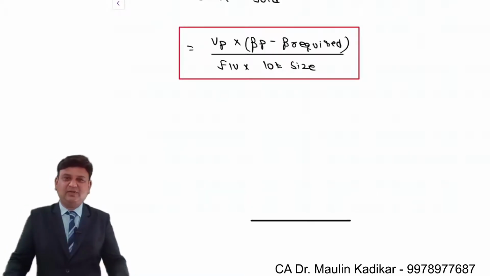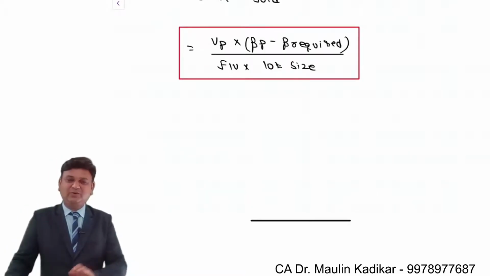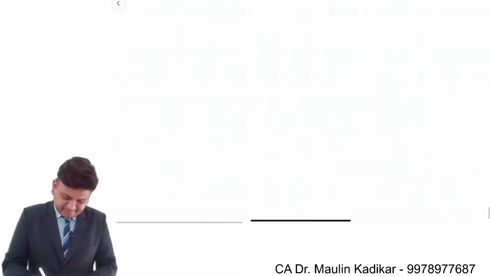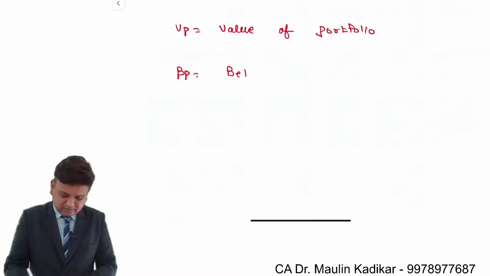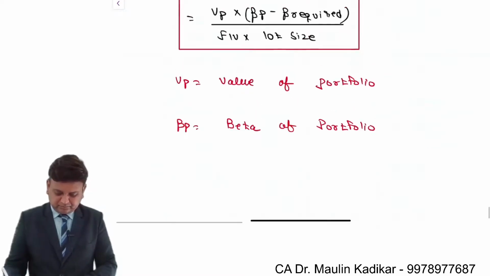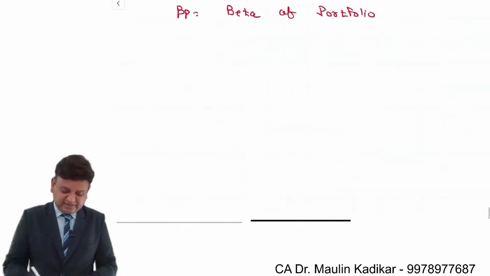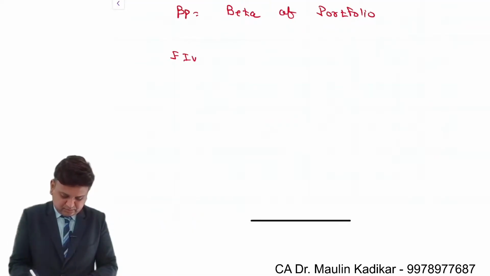Whatever the numericals that I have explained to you orally, we are going to write them one by one. VP stands for value of portfolio, BP stands for beta of portfolio, FIV stands for futures index value.